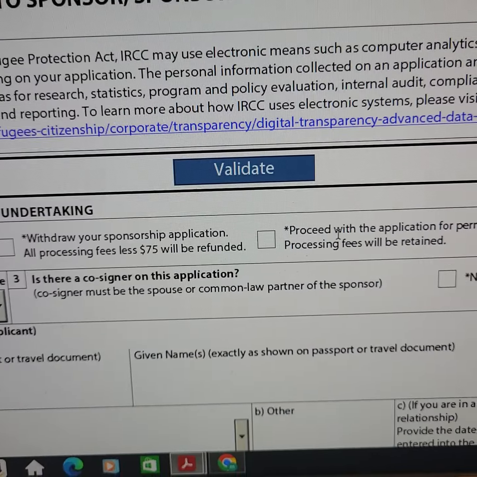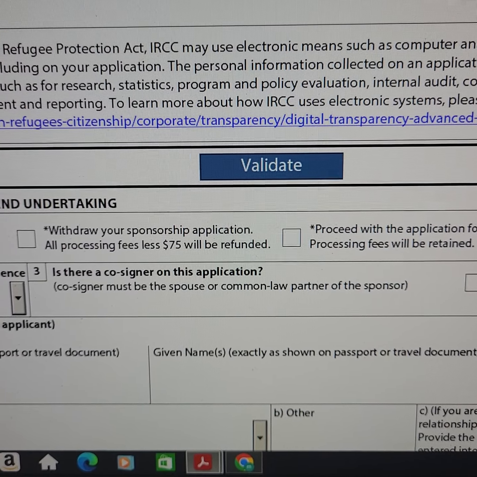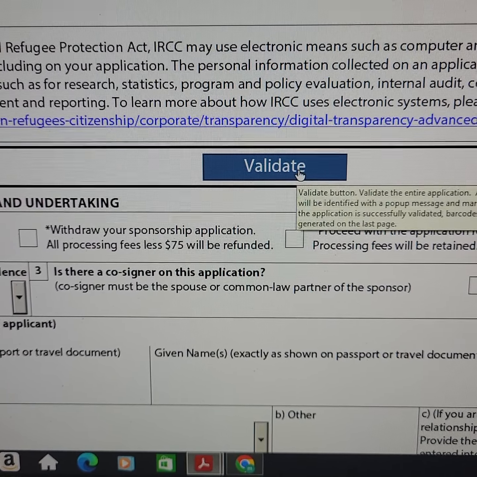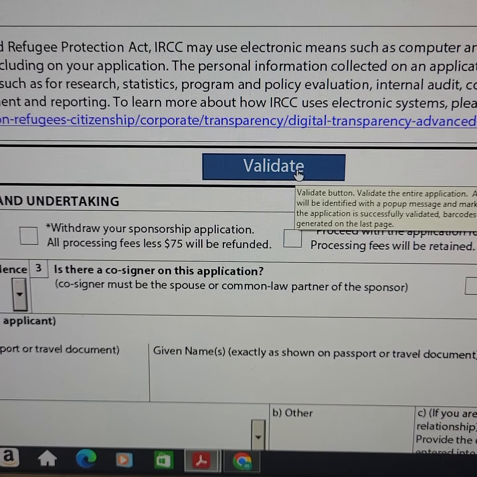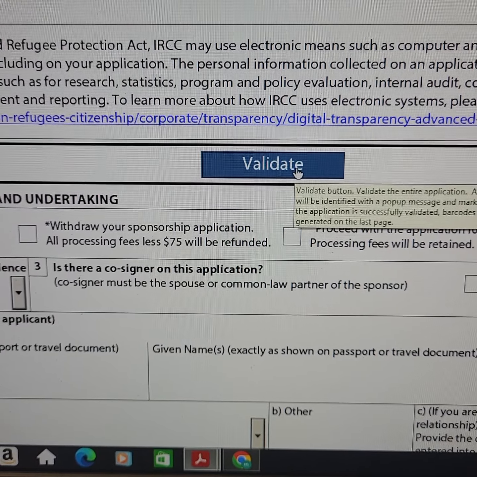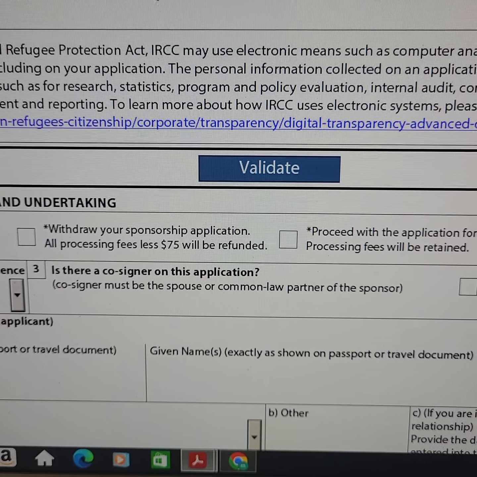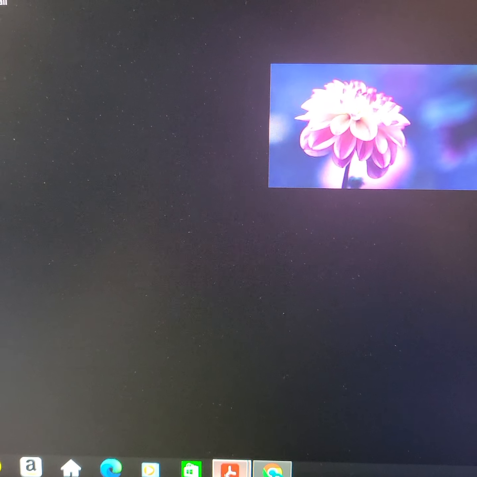Now the form needs to be filled out online. Once you're done with filling out the form, you have to validate the form, which will give you some of the things at the end. You will see once we are done. I will show you. So anyhow, this is the form.